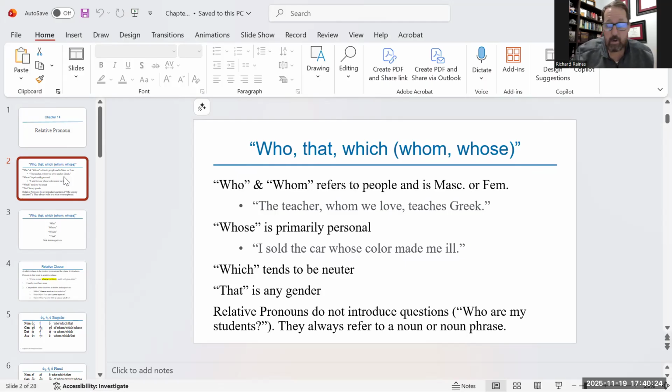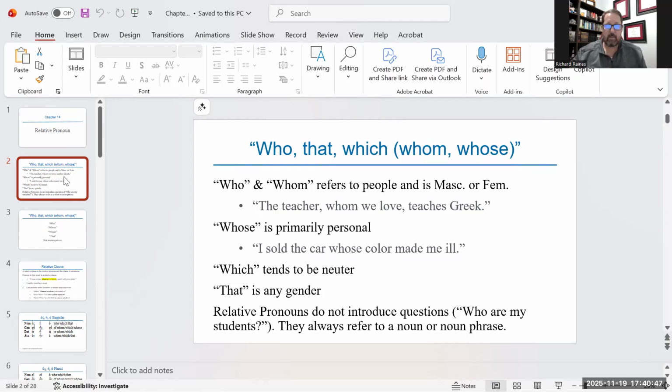Okay, the relative pronouns in English: who, whom, that, which, and whose. Who and whom are used to refer to humans. Who is used for masculine and feminine. Which would prefer to neuter or non-humans. Not always.